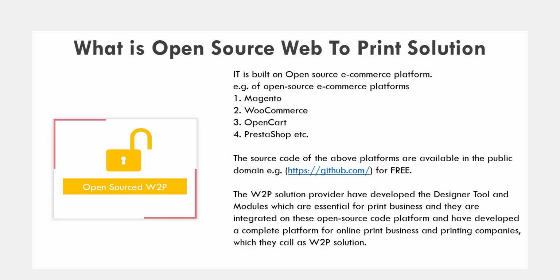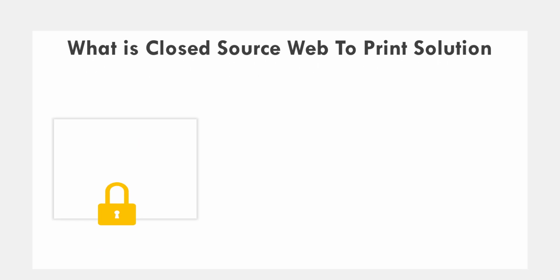All those functionalities are already there in WooCommerce as well as Magento or any other open source platform. This web-to-print solution provider just has to integrate their designer tool into these e-commerce platforms and create a web-to-print solution. Now let us go and understand what a closed source platform is.